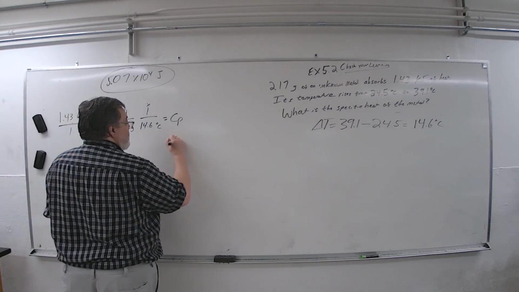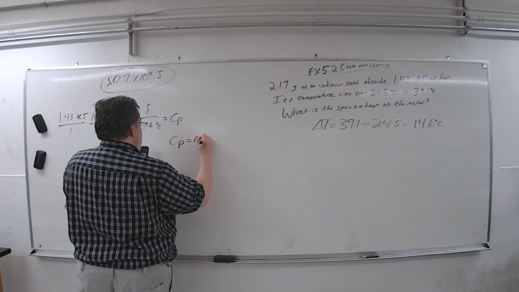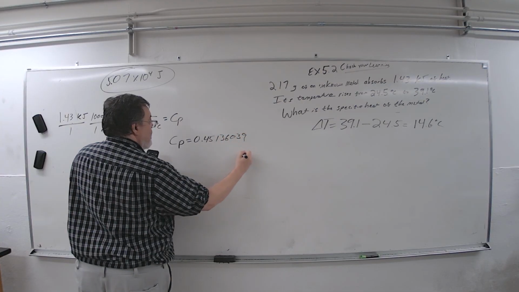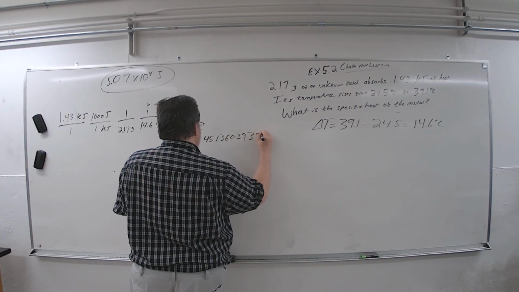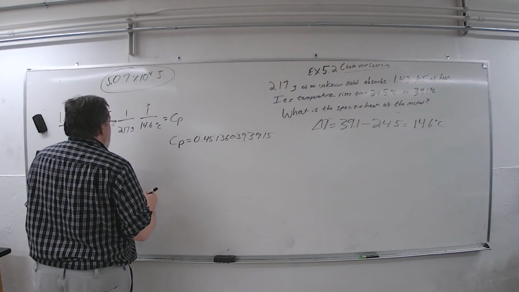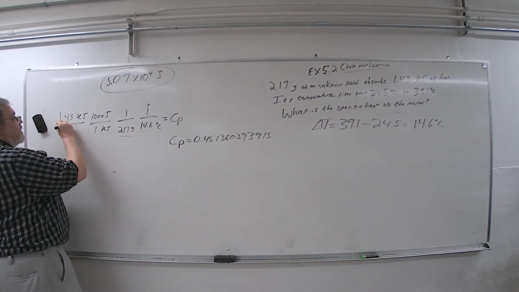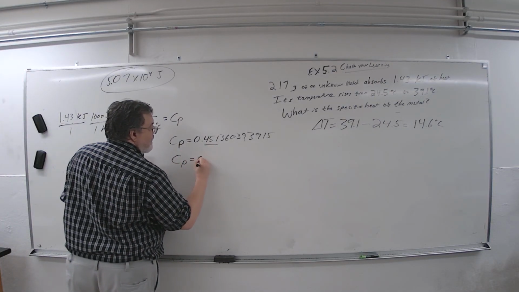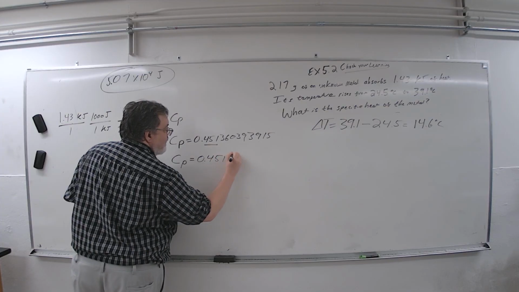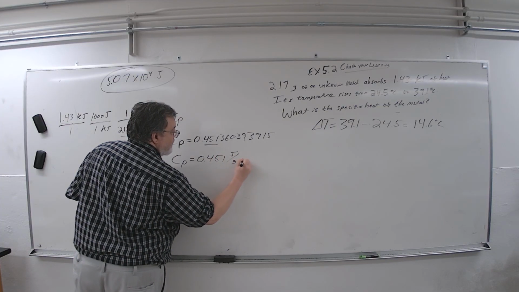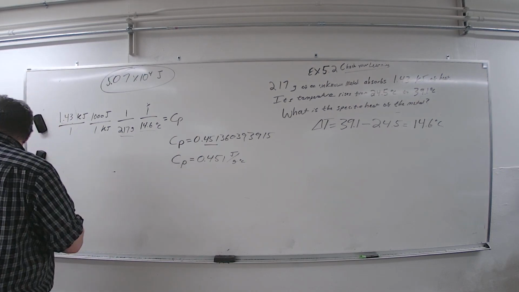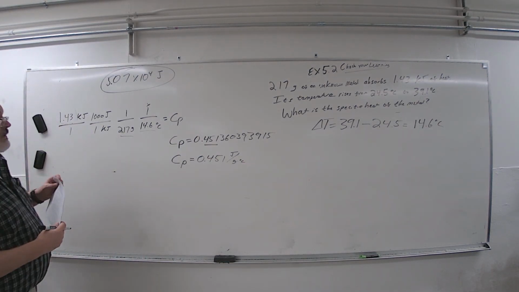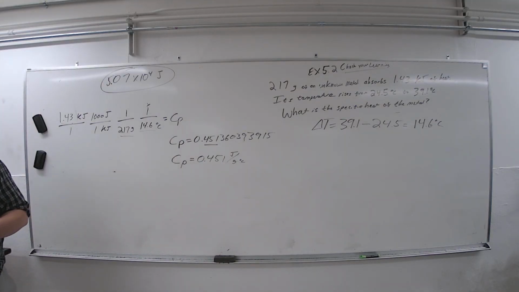I get... 3 significant figures. Joules per gram per degree C. Was that one in kilojoules? Yeah. Let's get that.